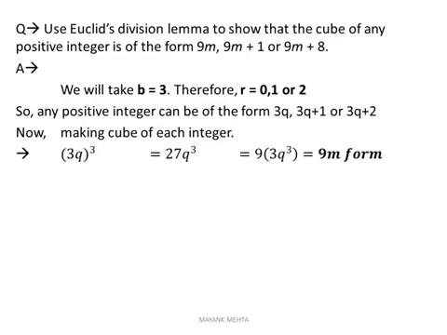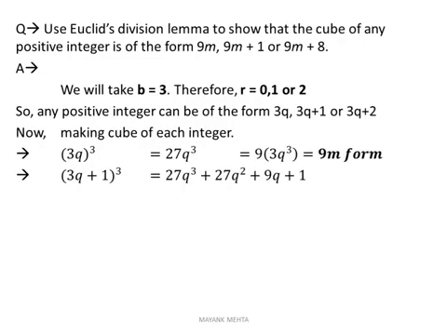Now another integer, 3q plus 1 cube. Here we will use the identity of 9th standard, a plus b whole cube is a cube plus 3a square b plus 3ab square plus b cube. So you will use this identity and get this kind of expansion: 27q cube plus 27q square plus 9q plus 1.